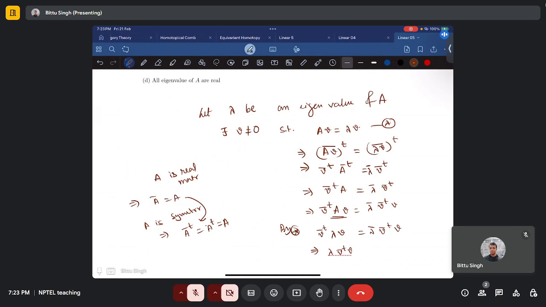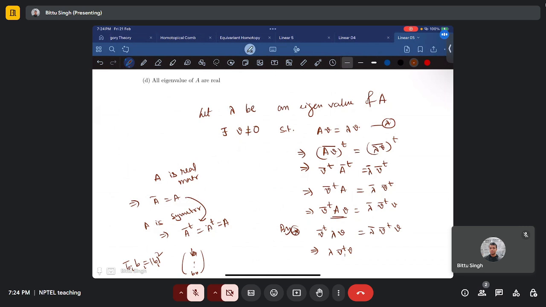If you take any complex vector b1 up to bn, and multiply by its conjugate transpose, it is always non-zero, because of the simple fact that any entry bi bar into bi, multiplying with its complex conjugation, is the same as mod of bi square.